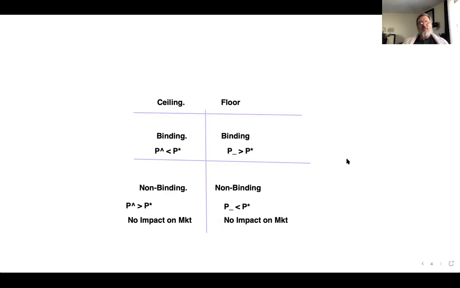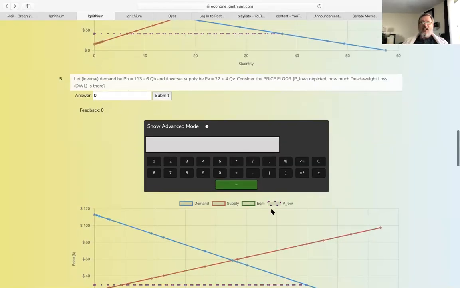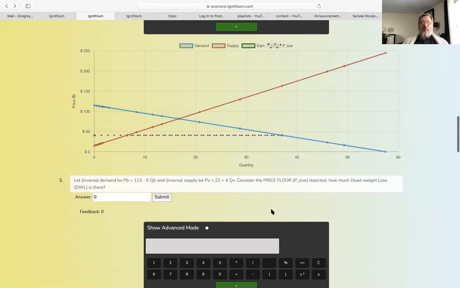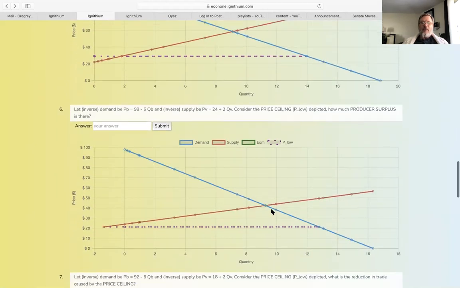So does that make sense? Do you feel clearer now? Yes, that helps a lot. Okay, so I think we're pretty good. Like I said, you'll just have to be careful when you go through these to check if they're binding or non-binding.